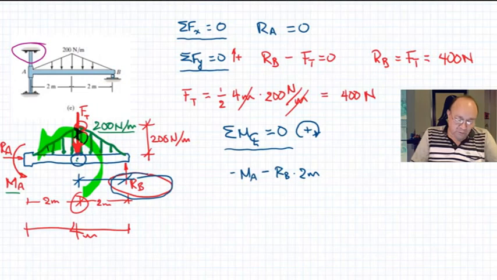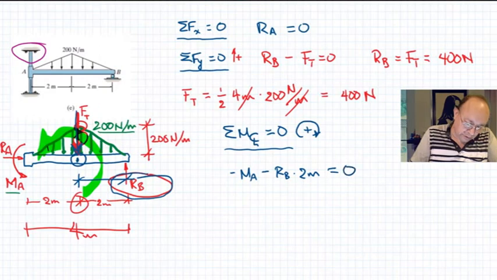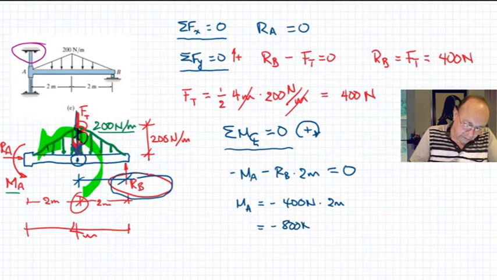And there are no more forces applying moments with respect to the center of the beam, because the force of the triangle is right there at the point, so the distance will be 0, no moment, so this summation equals 0. So we have here moment A will be equal to minus RB, which is 400 newtons, times 2 meters, so it will be minus 800 newton meters.